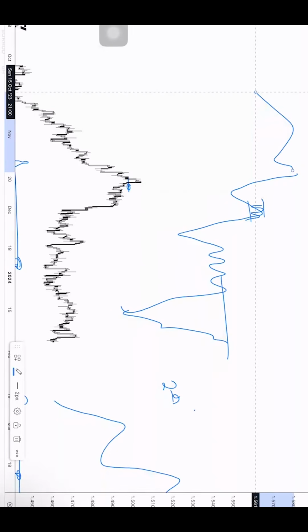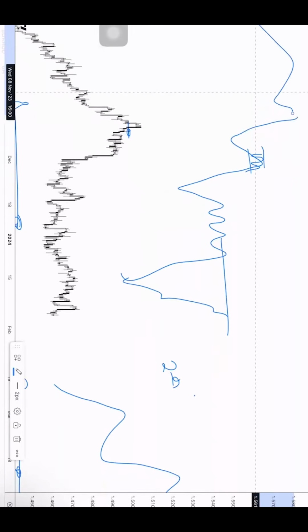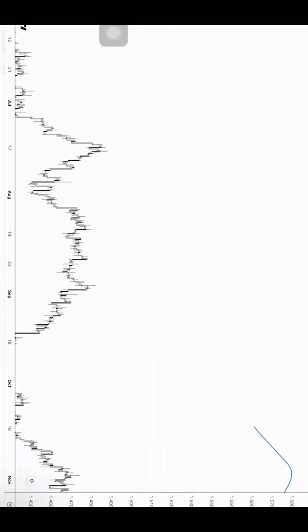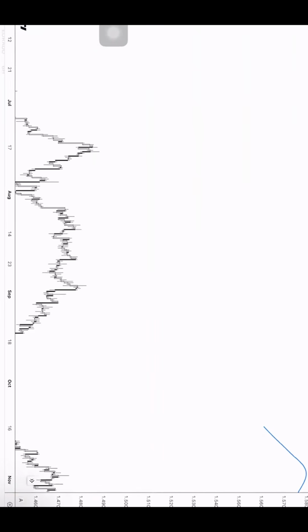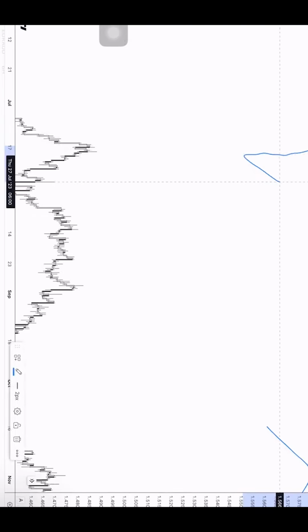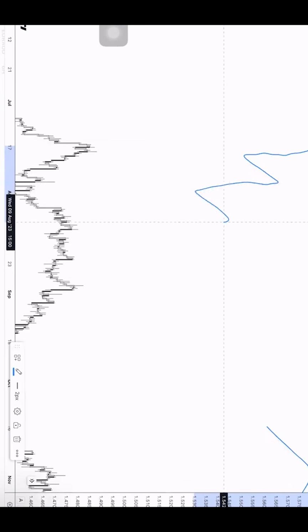Okay, proceed. Another thing which is also very, very important, and this happens almost every day in the market, is this one. Sometimes you can get this kind of price action: lower low, lower high, lower low, lower high.